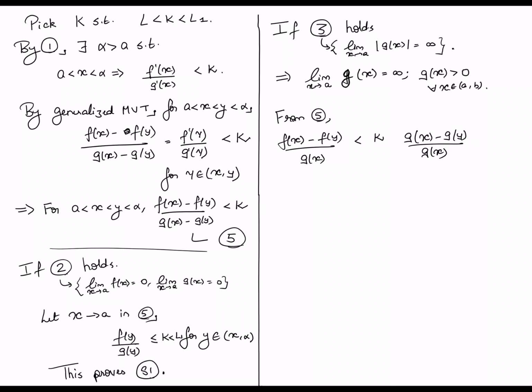Okay, so now you just massage this a little bit more and see that this implies that f of x by g of x is in fact less than k plus f of y minus k g of y upon g of x. So all we have done is separated out f of x by g of x on one side.